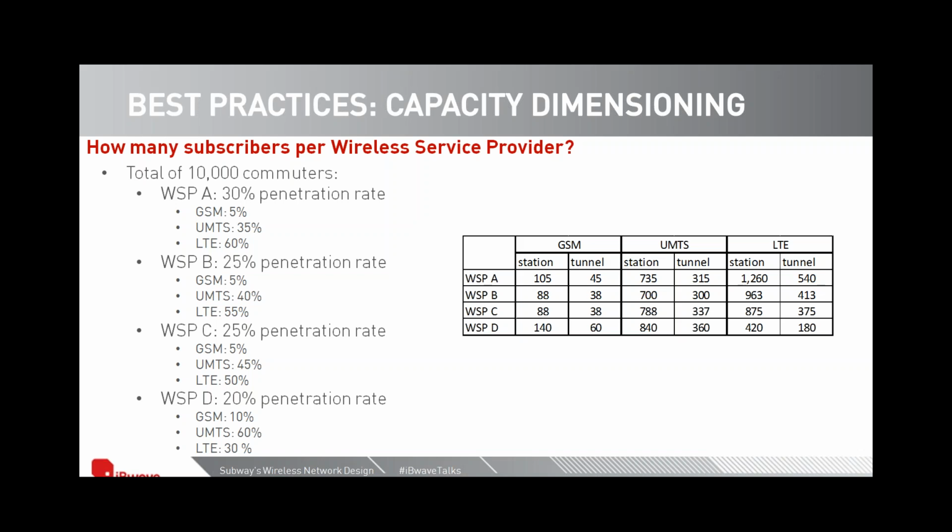Once we get the numbers, we will extrapolate that conclusion to higher numbers, such as for wireless service provider A, or lower numbers, such as for wireless service provider D.